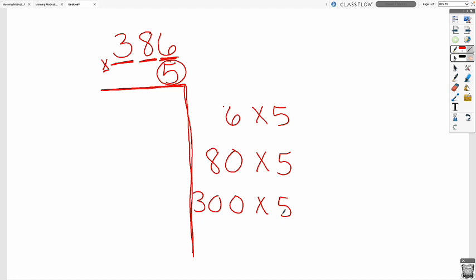Once we do that, you're going to take your multiplication problems that you have written on the right side of this number 7, and we're going to write the answer over to the left. So 6 times 5 is what? It's 30. So I'm going to write the answer underneath the 7, making sure to line up my place values.